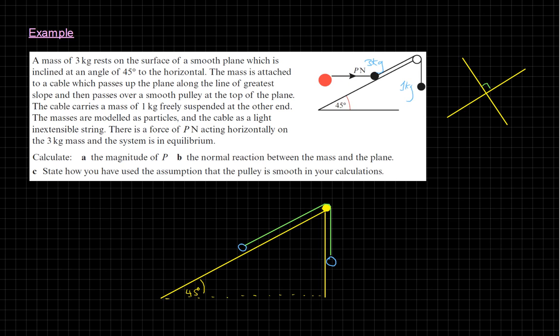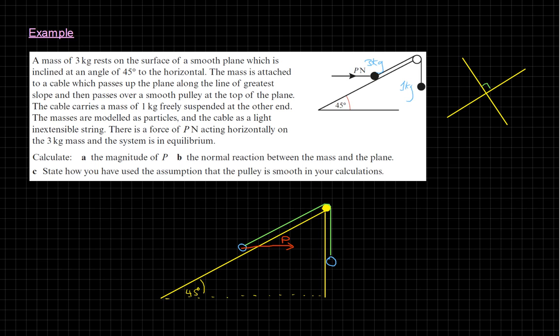So, for example, someone could be blowing on the ball, or applying some sort of force at a distance. Maybe there's a magnet over here and it's causing this magnetic ball to have a force pushing it to the right. But on our force diagram, let's just use the normal arrows, and I'm going to have P sort of like this. Okay, so let's do it up here. That's P, and it's acting to the right from the ball.